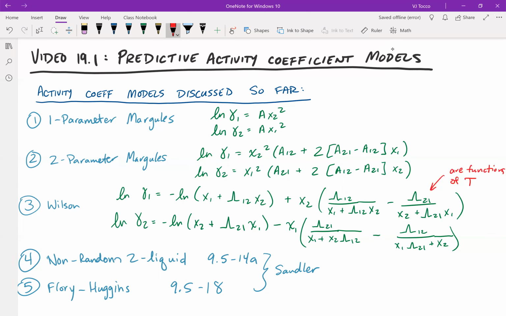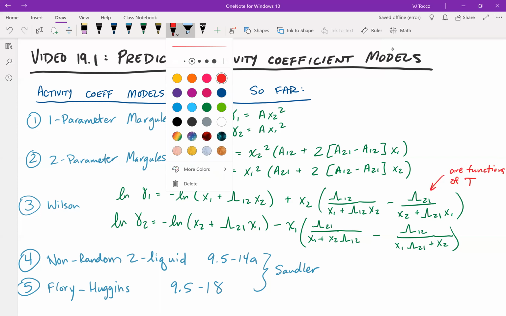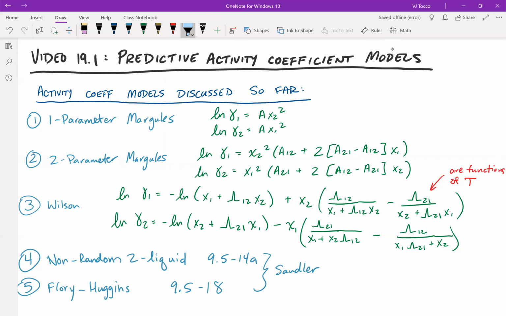I didn't write out the non-random two-liquid and the Flory-Huggins model explicitly, but a common thread in these five models so far is that these all require some form of experimentation in order to fit some parameters. So if I circle where the parameters are, I'll highlight them with my blue highlighter. The parameter A is in the one-parameter Margules model. A21 is in the two-parameter Margules model, and A12.